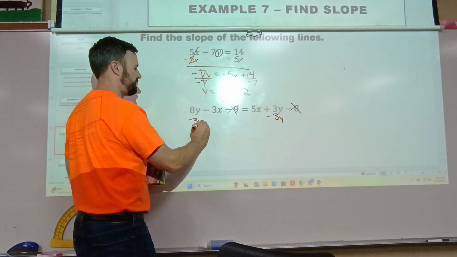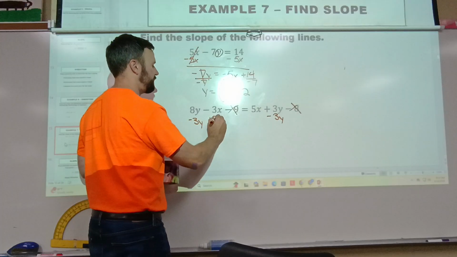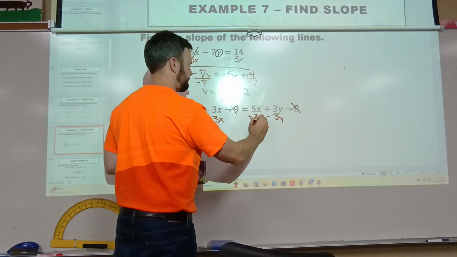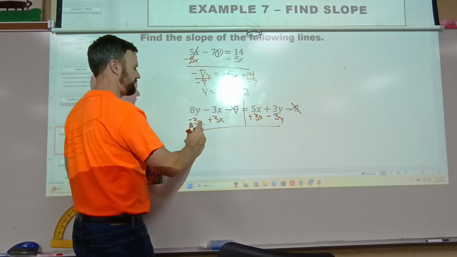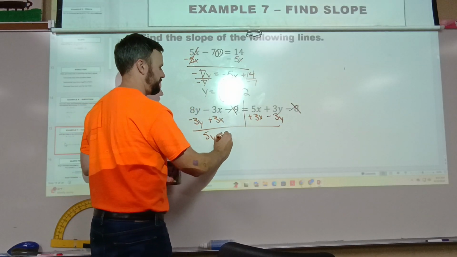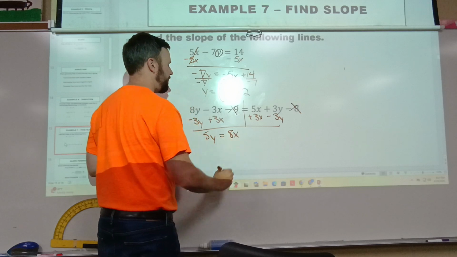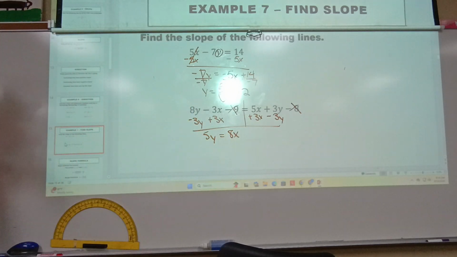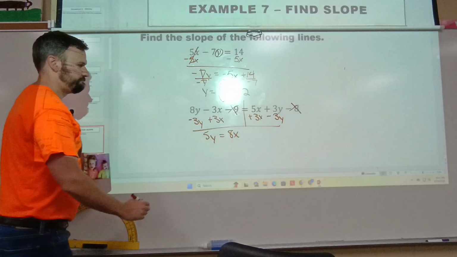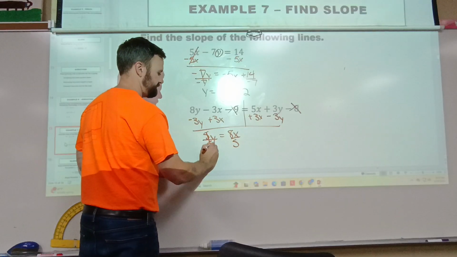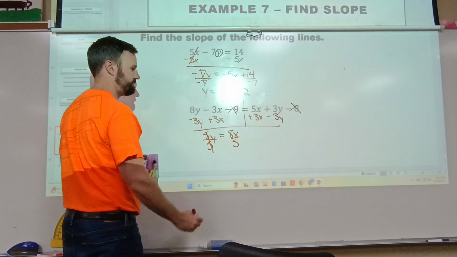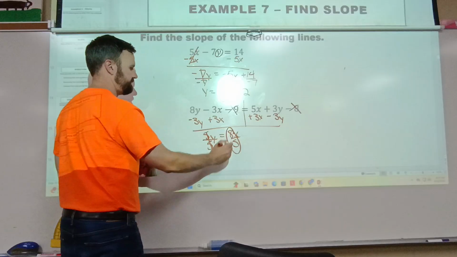I'm going to add 3x. So I get 5y equals 8x. Divide by 5. There's my slope.